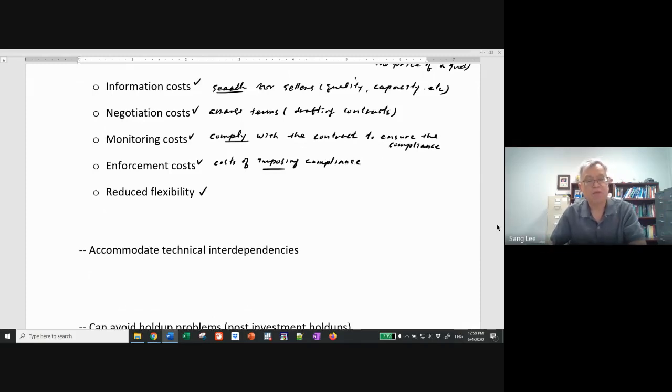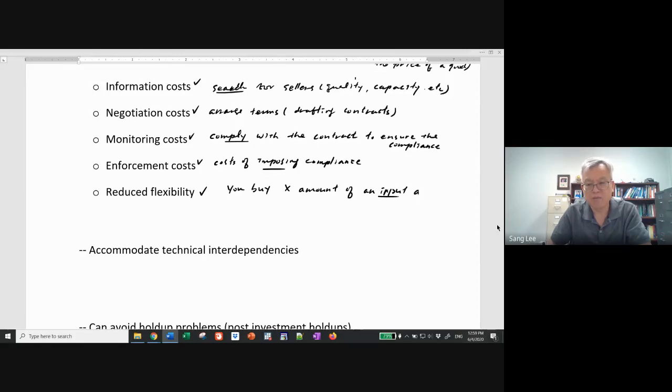Now the last example of transaction cost that you have to incur when you use a market firm, when you use market transaction, is what? Reduced flexibility. Okay. So for example, you establish the legal relationship, contract, with the supplier. Okay. And then now here, you agreed to it. So here, you buy X amount of an input.